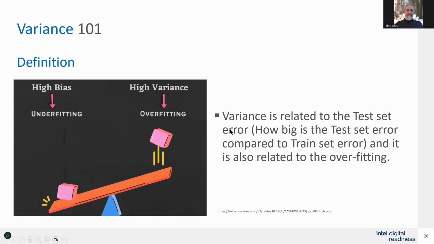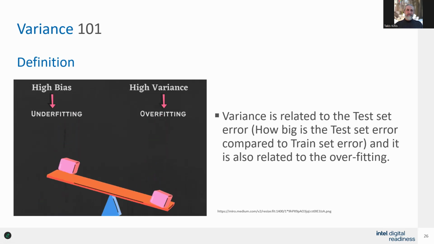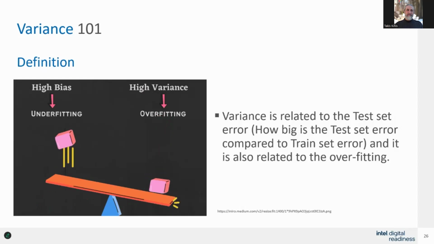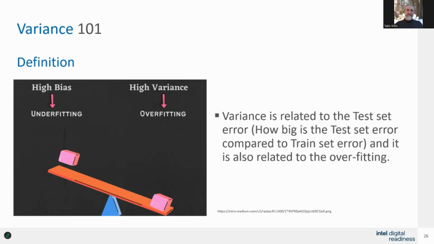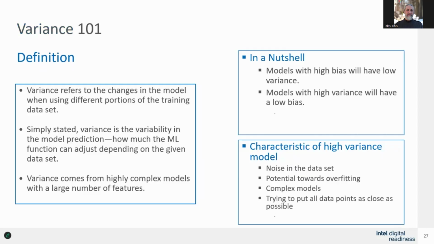Now we're looking at that here in the little animation. Variance is related to the test set error. So how big is the test set error compared to the train set error? And it is also related to overfitting. So let's break that down. Variance refers to the changes in the model when using different portions of the training data set.